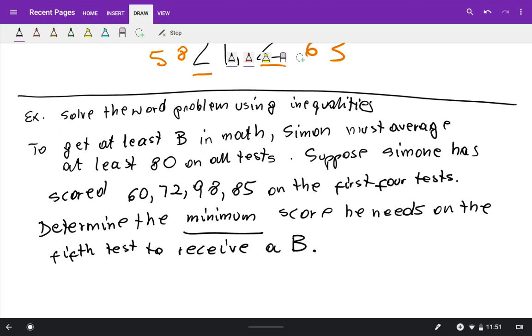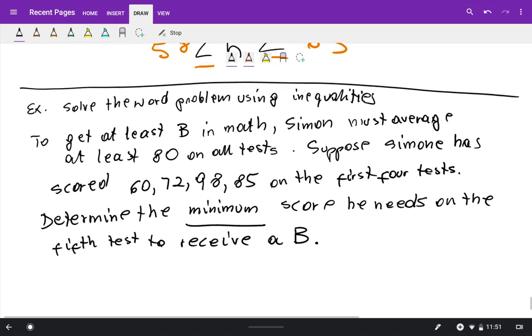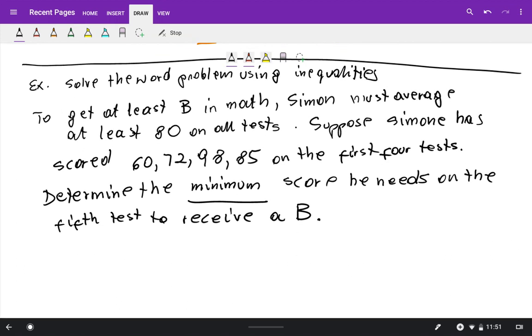Okay, so what we need to know: to get B in the math class, Simon needs the average of at least 80, okay? So 80 and above. Because 80, like here in our college, is from 80 up to 89, right? So he already took four tests.